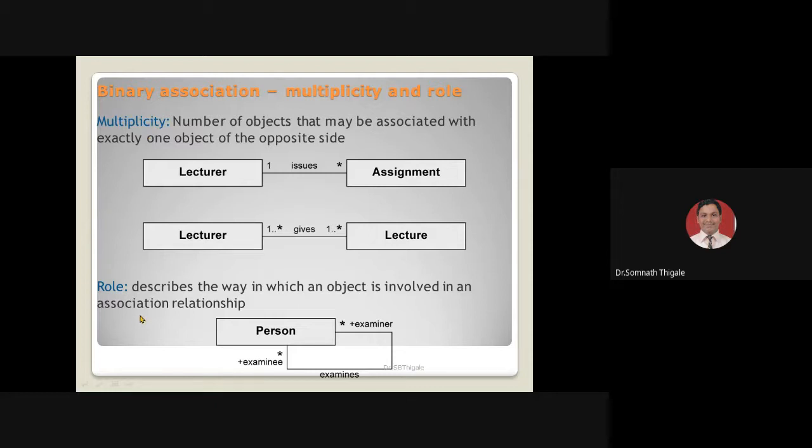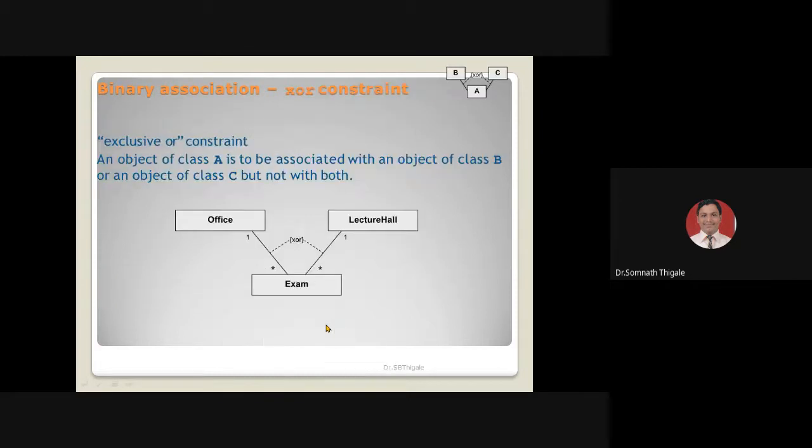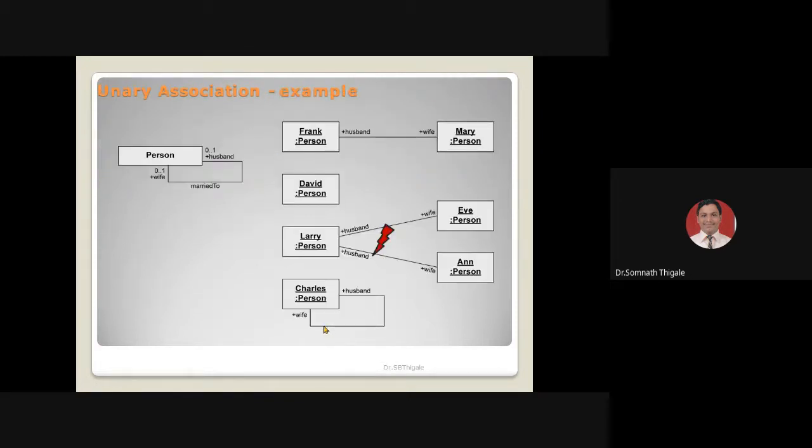The next part is what? Roles and their responsibilities. A person, maybe an examiner, will be deciding the roles and responsibilities, and those roles and responsibilities we will represent. For example, this is one class, husband, wife, you can represent.